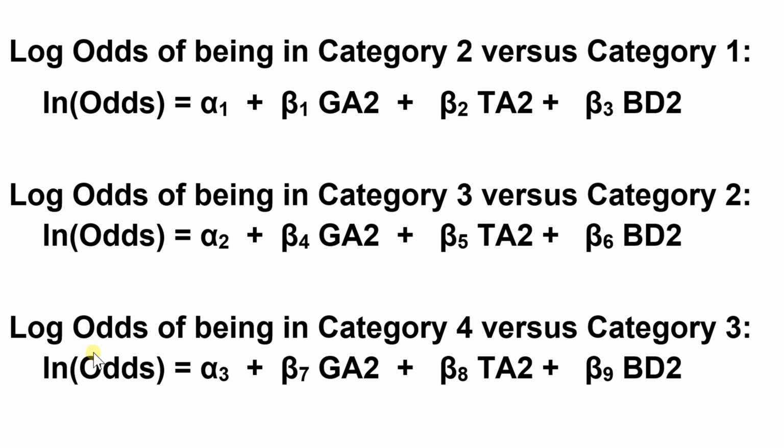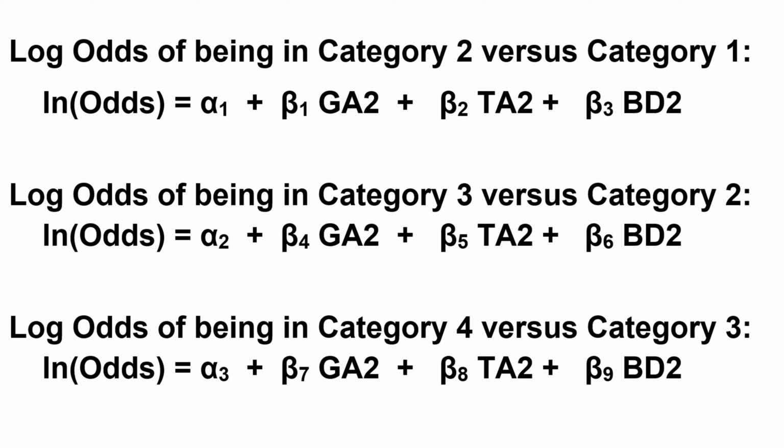And finally, I predict the log odds of being in category 4 versus category 3. Each one of these is an adjacent category, and I'm predicting that people are in a category higher than the target category as a function of the predictor variables. The equations as a whole predict the log odds of moving up one category on the improvement scale as a function of increases in goal alignment, task alignment, and bonding.